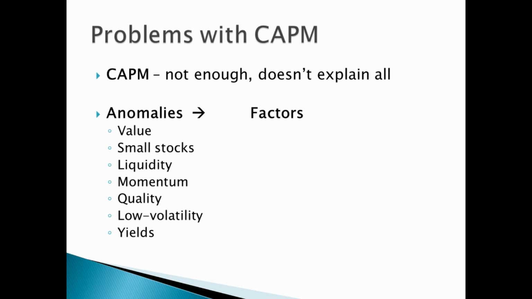Higher quality tended to outperform low quality. Low volatility tended to outperform the higher volatile stocks. And stocks with dividend yields tended to outperform those that did not pay dividends. Again, these were anomalies that could not be adequately explained under the capital asset pricing model. We now refer to all of these as factors, which is one of the foundations in smart beta.